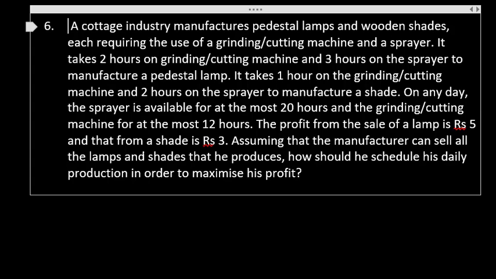Okay, so again we have to find the number of lamps and shades manufactured.